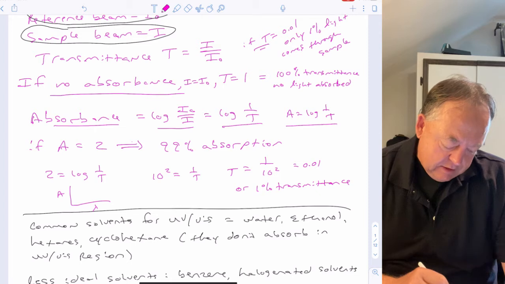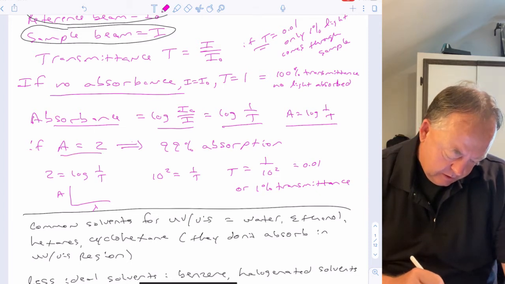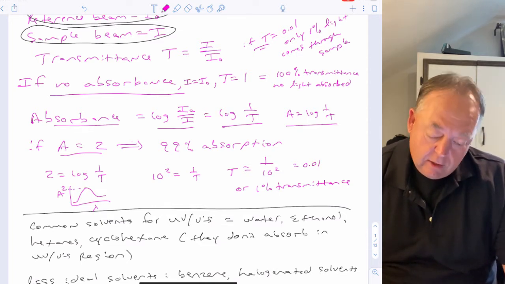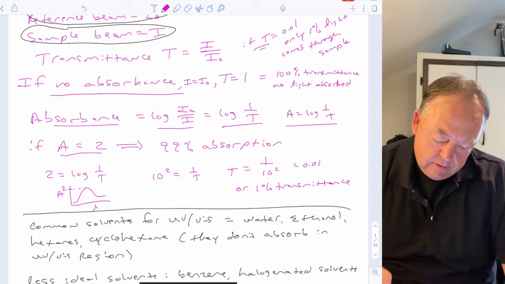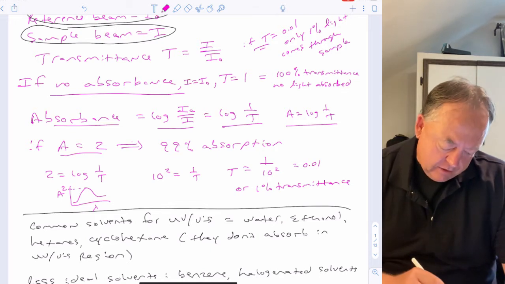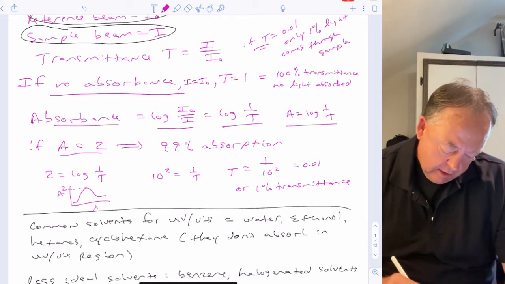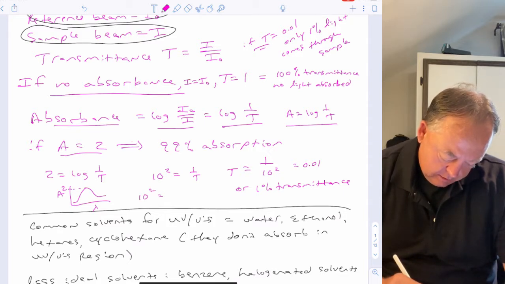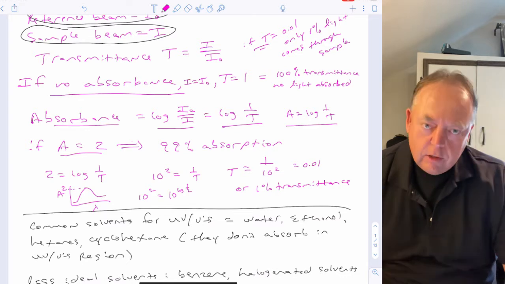So if you did a UV and absorbance is equal to 2, then you can solve for percent transmittance. Just plug in and do the math. 2 equals log of 1 over T. And if you remember how to get rid of a logarithm, you take 10 to the 2 equals 10 to the log of 1 over T, and then the logarithm drops out.